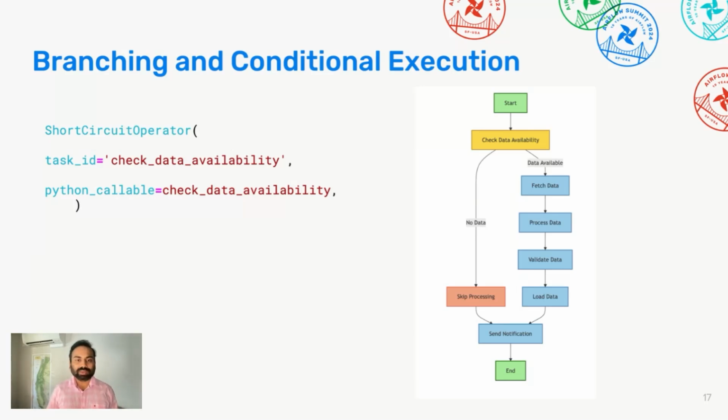If it's available, we process the data. If it's not available, we skip processing. If we didn't have this simple thing, we would have run the whole processing pipeline with no data. This would have been a bit costly. So adding a simple branch operator can take us a long way.